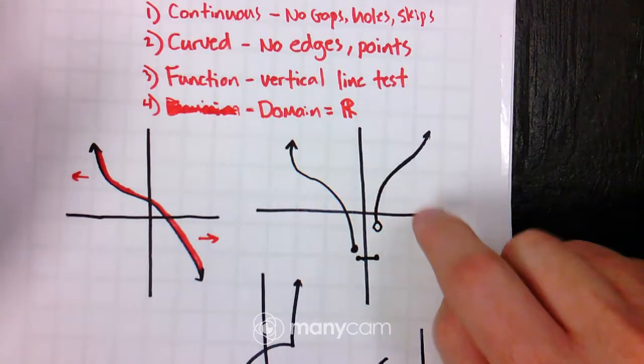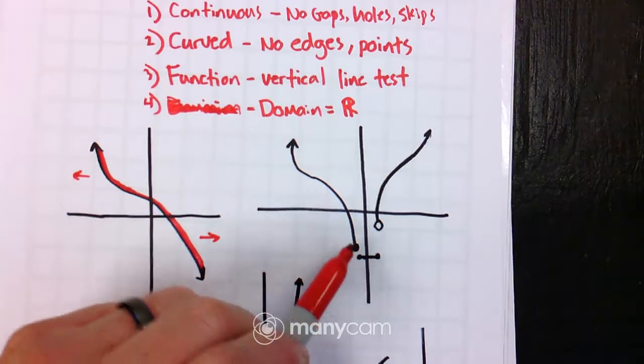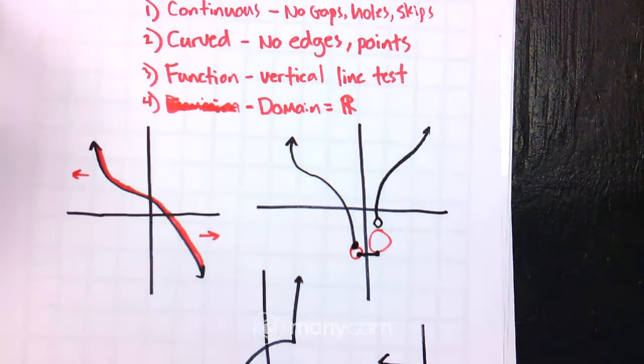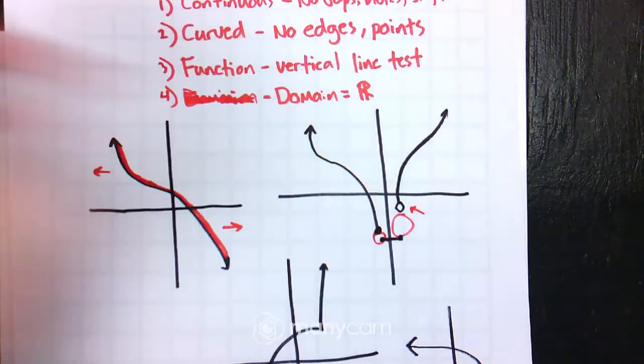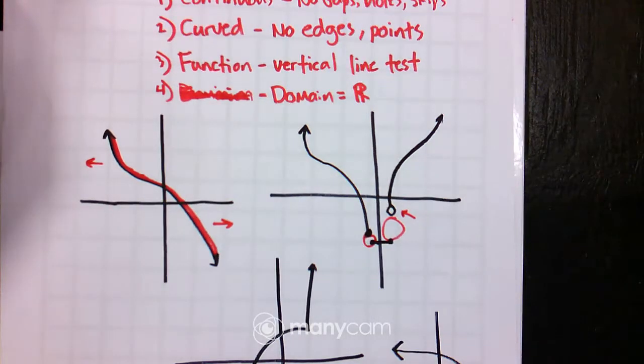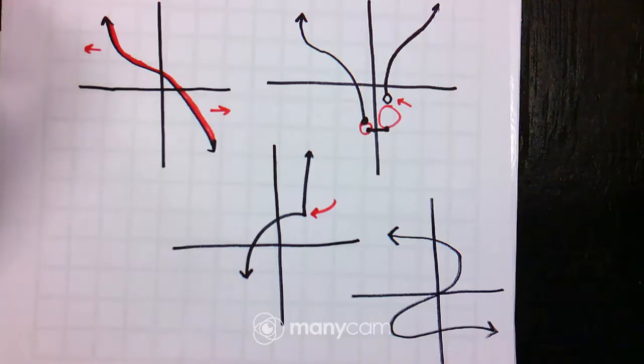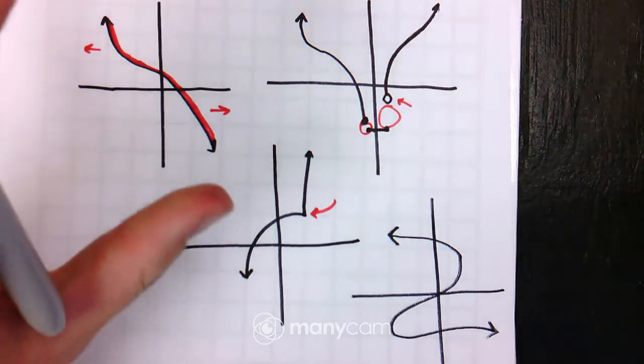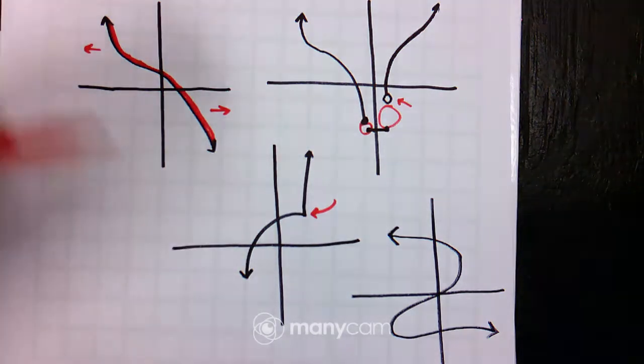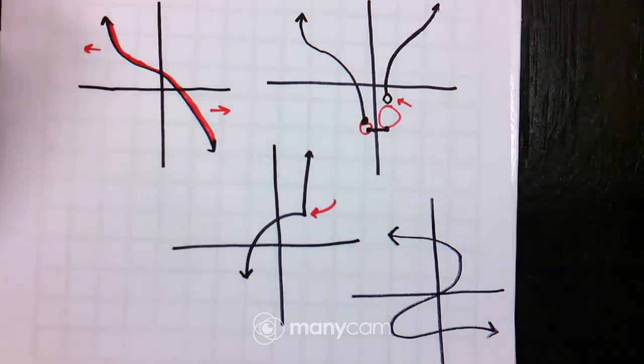This is an example of not a polynomial, because it has gaps, holes. This is not a polynomial because it has this straight edge right here, a sharp corner. Polynomials will never have a sharp corner. If it looks sharp, zoom in. Maybe it's curved and your calculator graph is just zoomed out too far. But if you zoom in and it's straight, then it's not a polynomial.